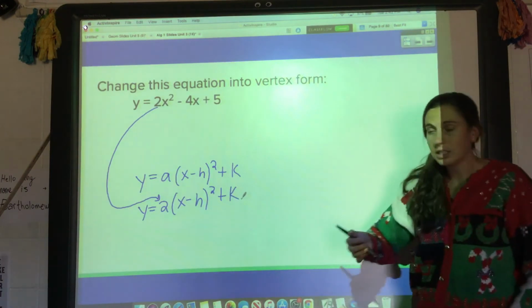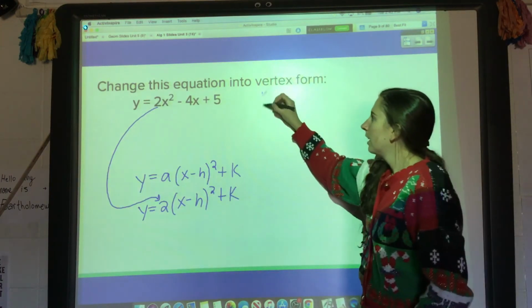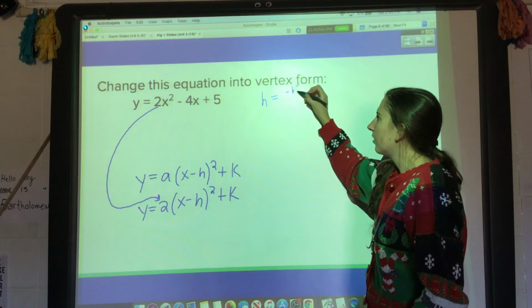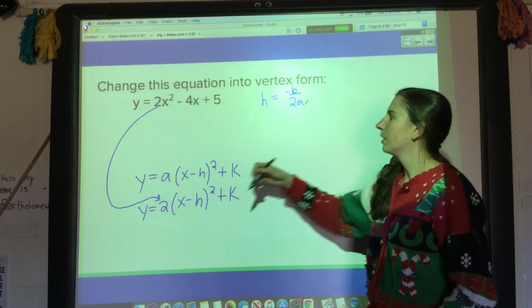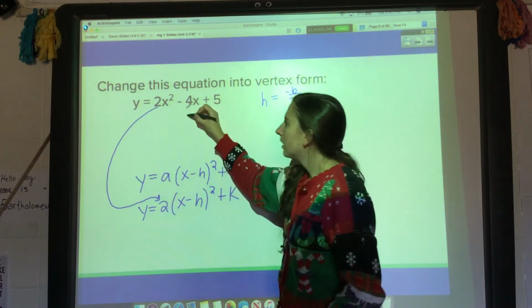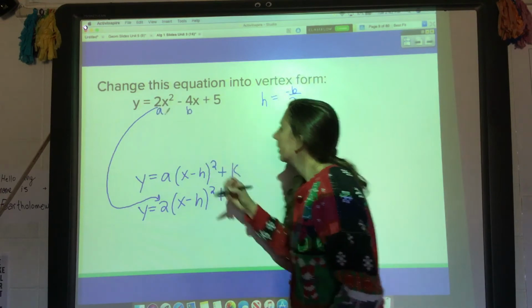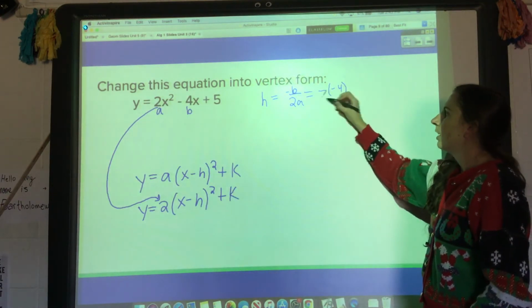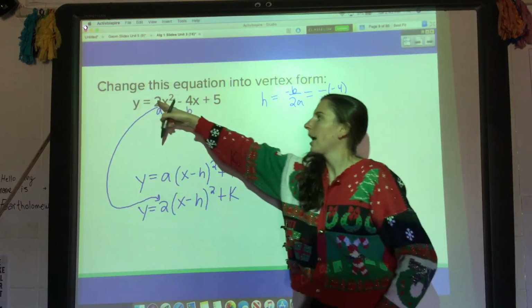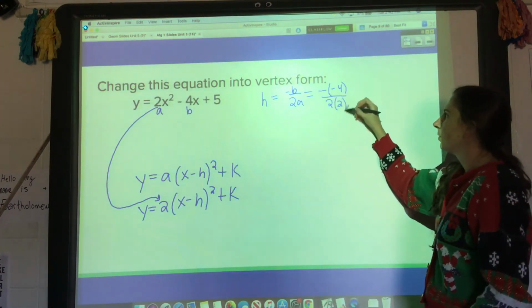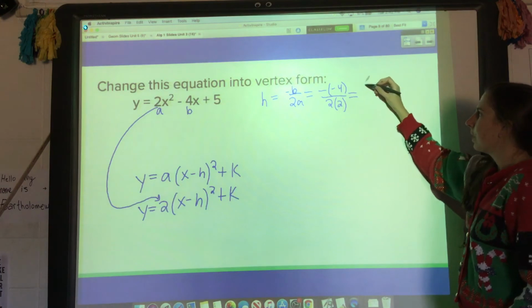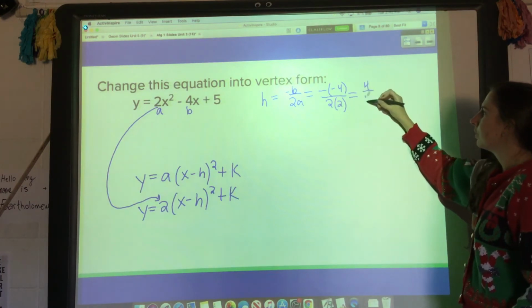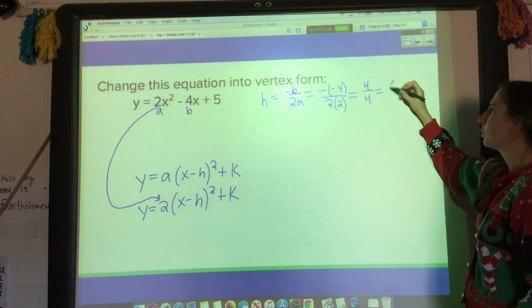So do what we just did to find the vertex. For the h value, it's negative b over 2a. So there's b, there's a. So negative negative 4 over 2a, so 2 times 2. Negative negative 4 is positive 4, 2 times 2 is 4, so 4 over 4 is 1.